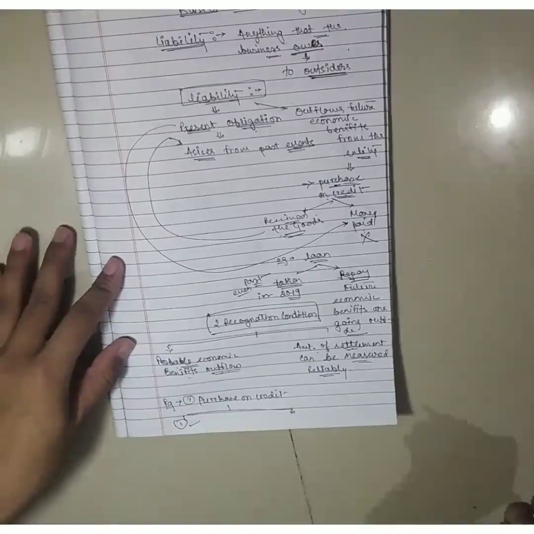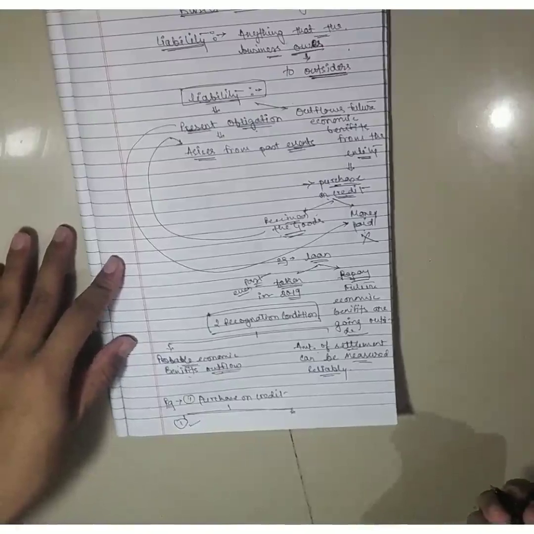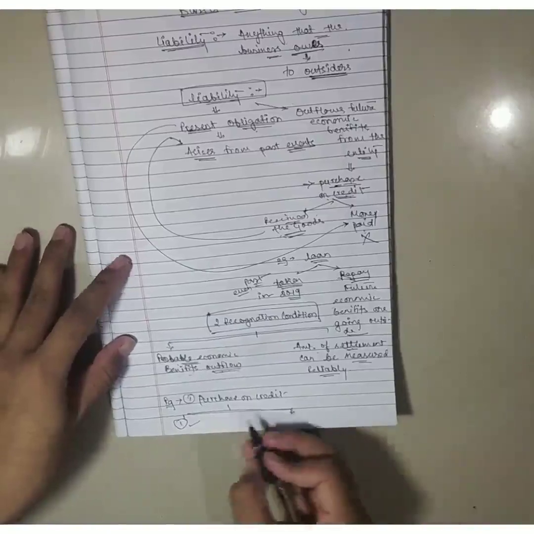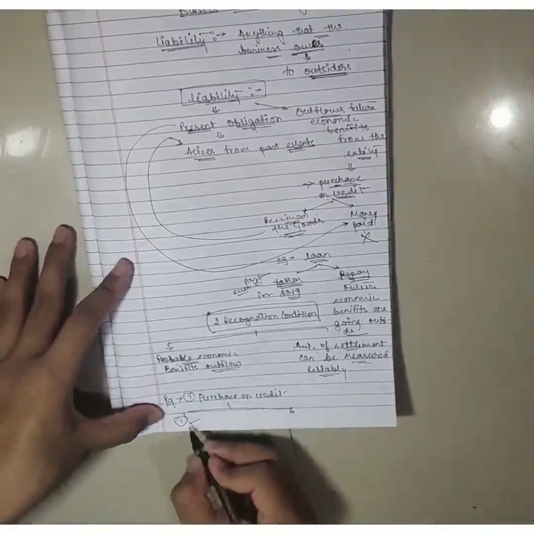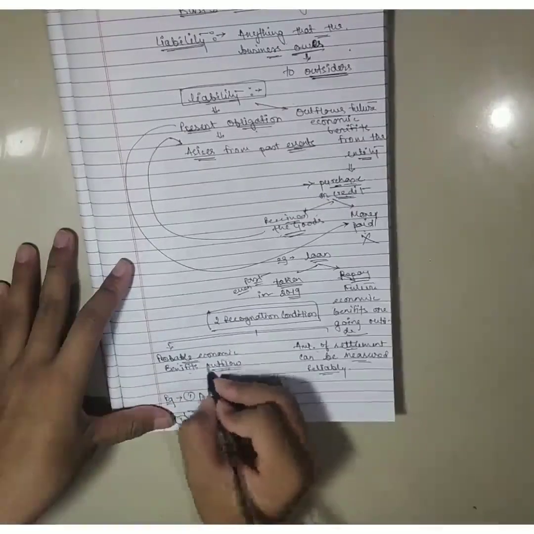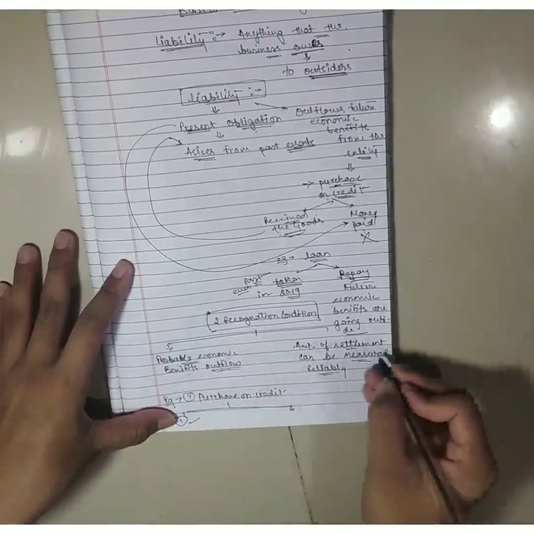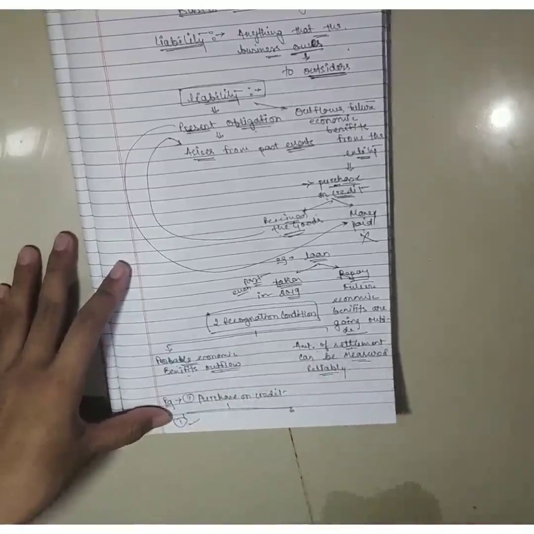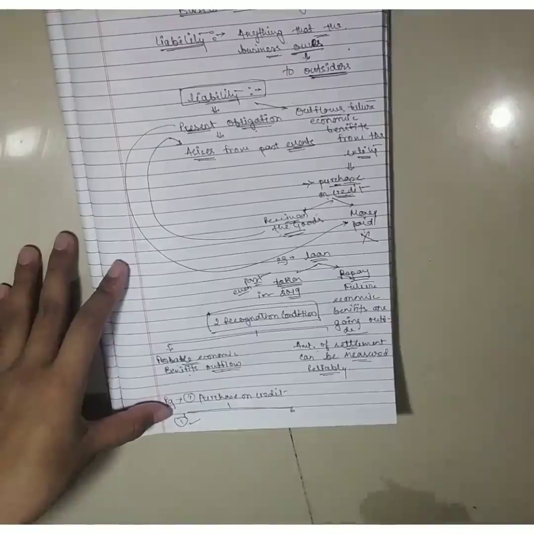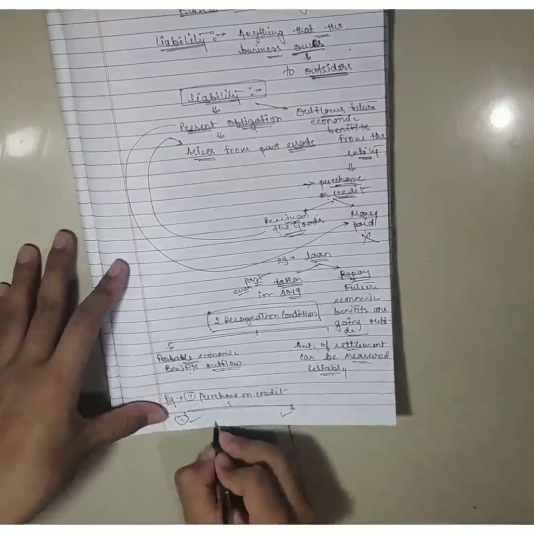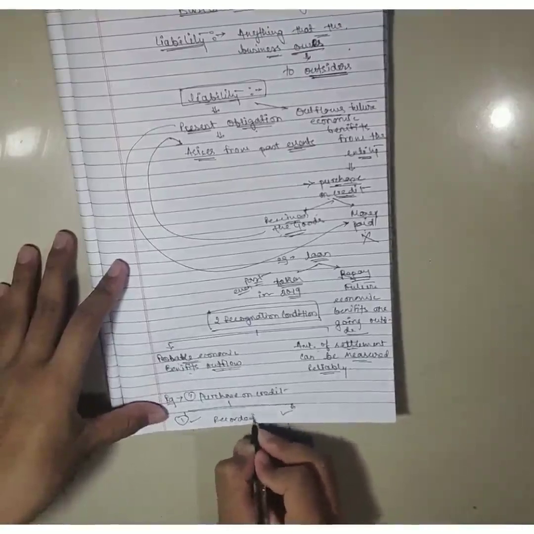How much is due to the creditor. In case you don't know, the creditor means the supplier from whom you bought the goods on credit. So purchase on credit satisfies the probable economic outflow condition. Second condition, the amount of settlement can be measured reliably. Yes, it can, because you know how much you have to pay. So this condition is also satisfied, so it should be recorded in the books of accounts.